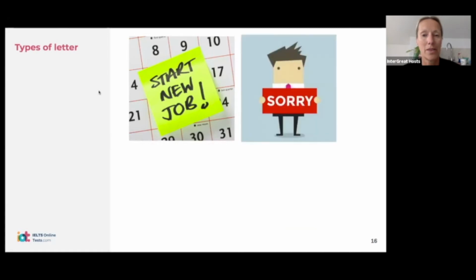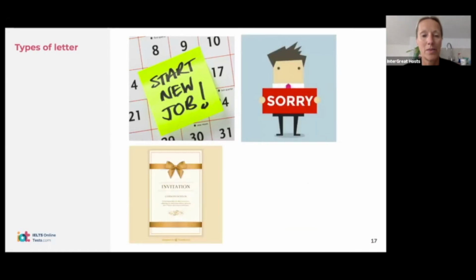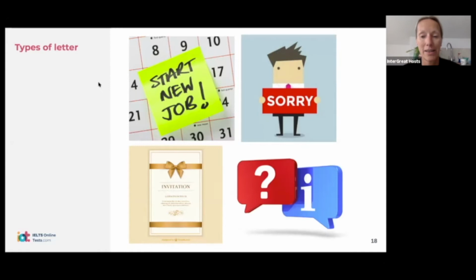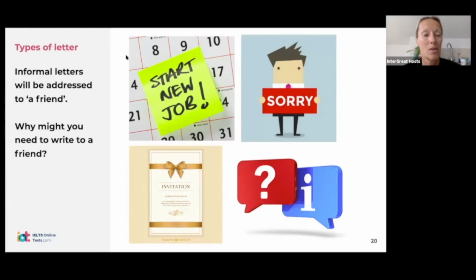Okay, let's just have a look at different reasons for writing letters. Okay, so first of all, informal letters will be addressed to a friend. Why might you need to write to a friend? What kind of reasons might there be? Yeah, it could be an invitation, that's right. What kind of invitation?